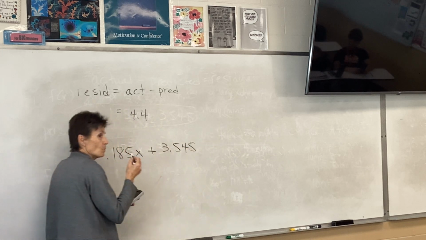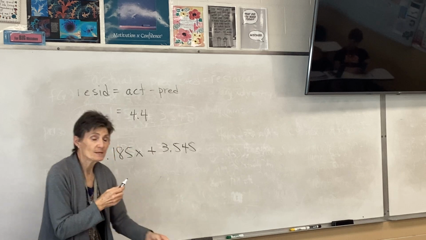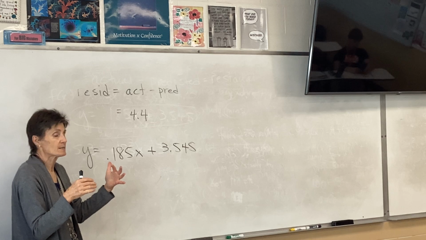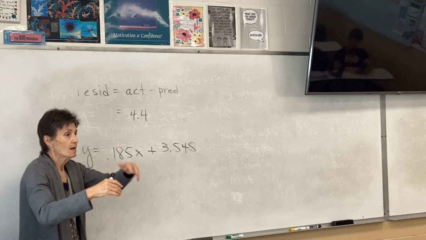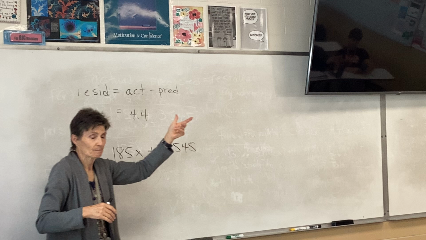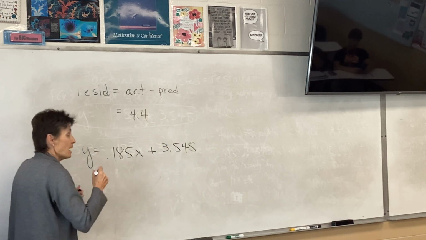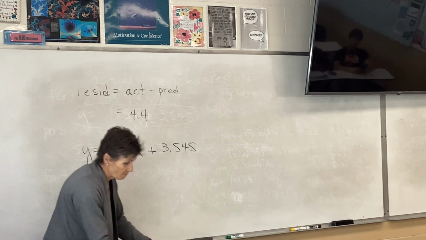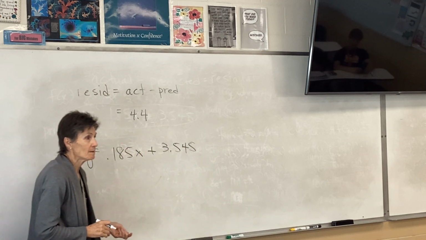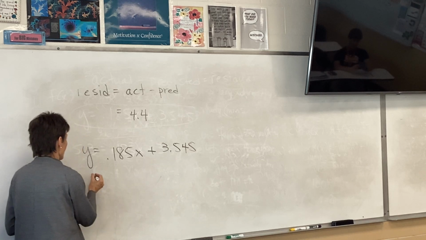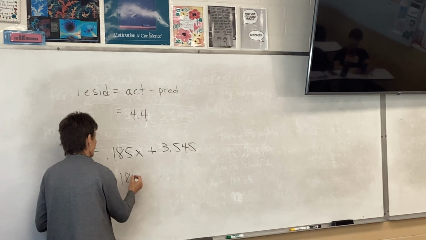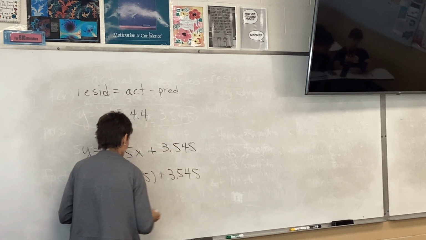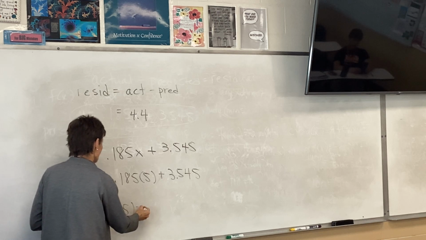So this is our model. This is the equation that our calculator came up with to help us predict other weights of other babies. Now, there would be no need for me to predict a weight for a 5-week-old baby because it's in my table, but I'm going to go ahead and do it anyway. I either do it by hand or let my calculator do it by doing y of 5.